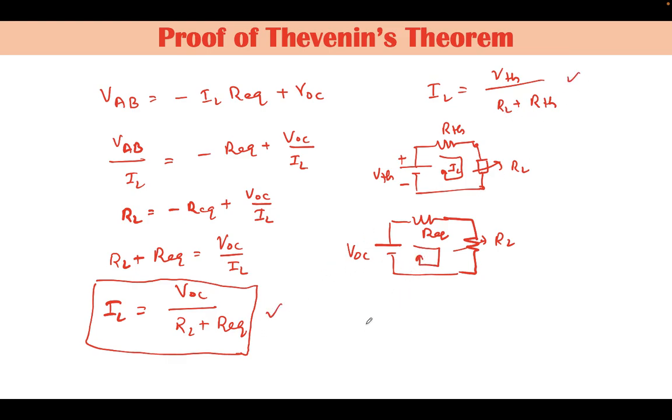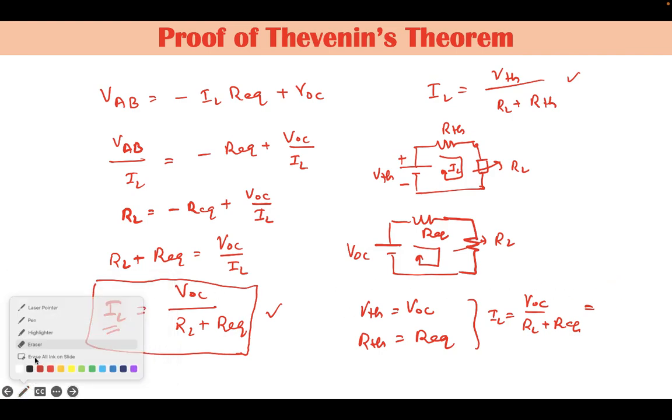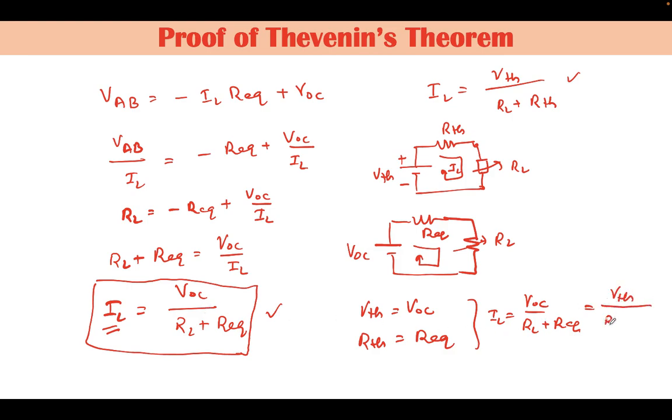If we compare these two equations, VTH must equal VOC and RTH must equal R equivalent. Therefore, the IL obtained in both equations is equal, that is IL is equal to VOC upon RL plus R equivalent, which is equal to VTH upon RL plus RTH. Hence proved.